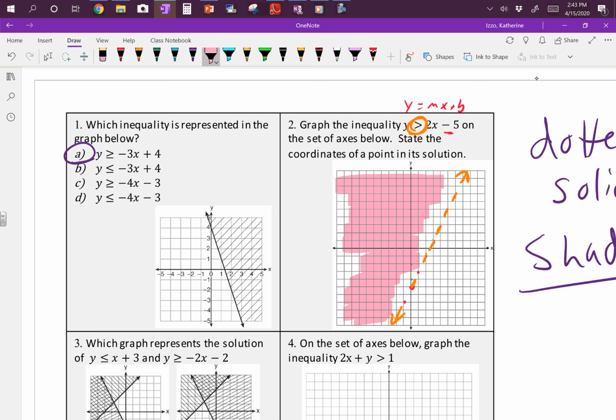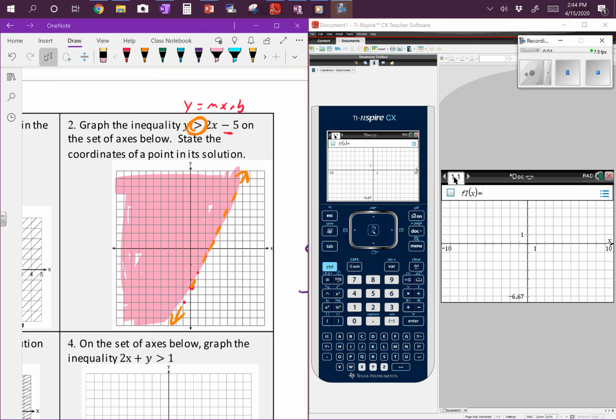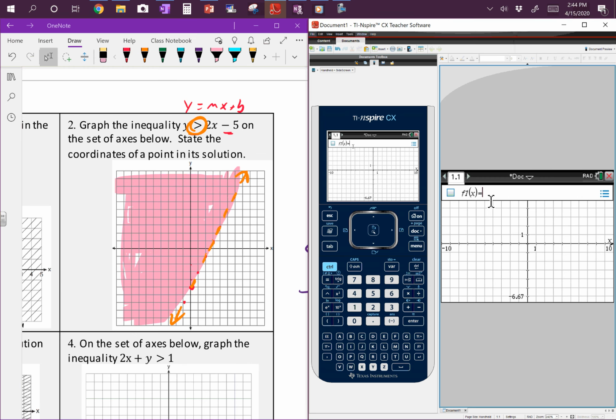You could have also just graphed this on your graphing calculator had you wanted to do that. So we've got our beautiful graphing calculator right here.